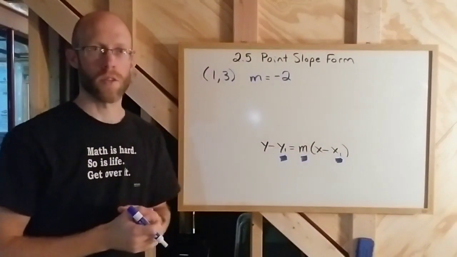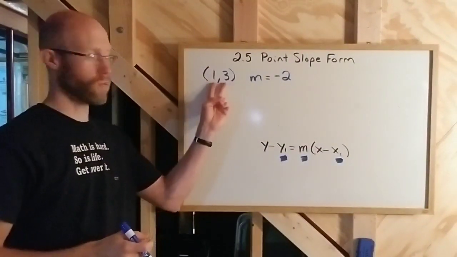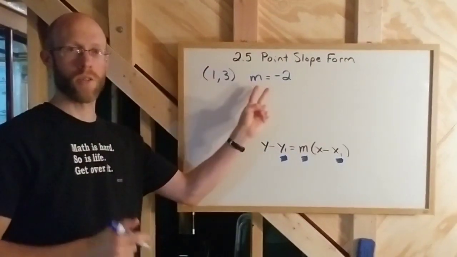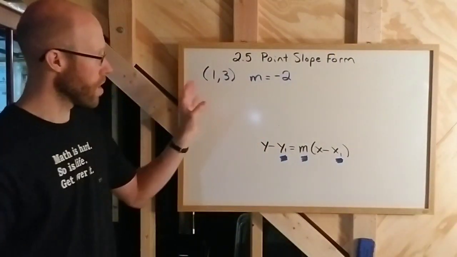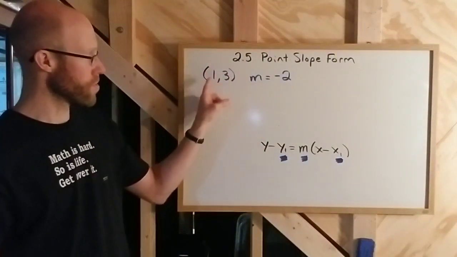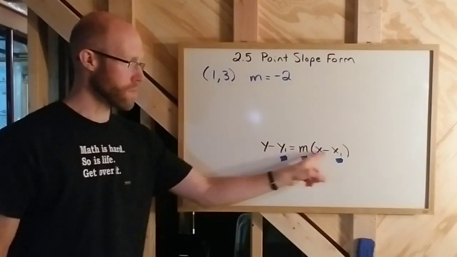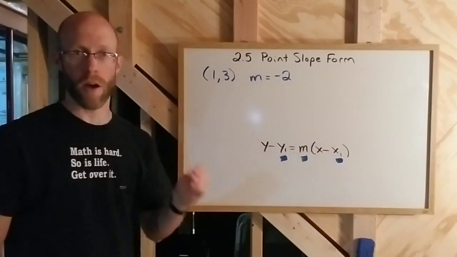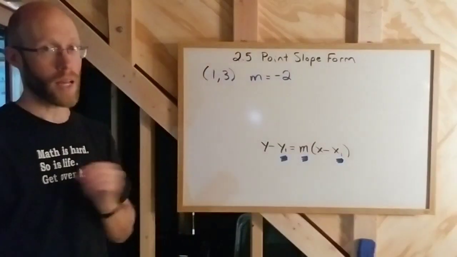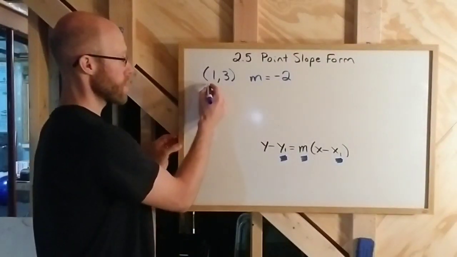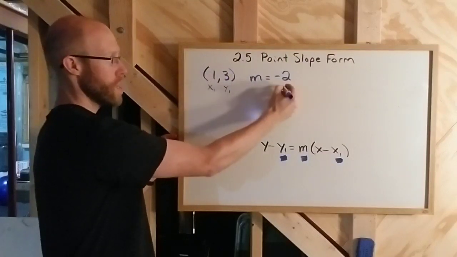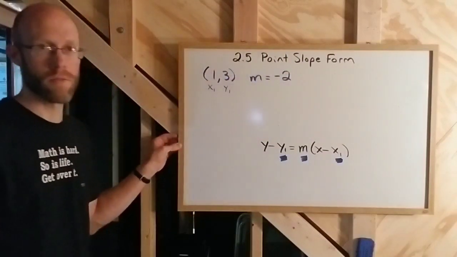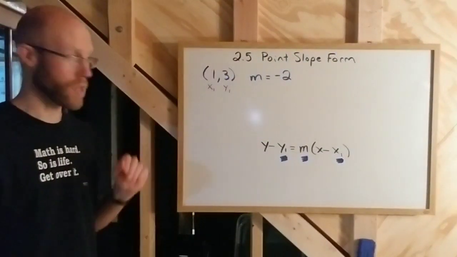So let's say the line is going to go through this point 1, 3. It's going to have a slope of -2 going down to the right. So all I have to do is substitute those three numbers into my three variables, x1, y1, and m, and I've got to get them in the right spot. So x1 is the 1, y1 is 3, and of course the m is -2. So I plug those in.